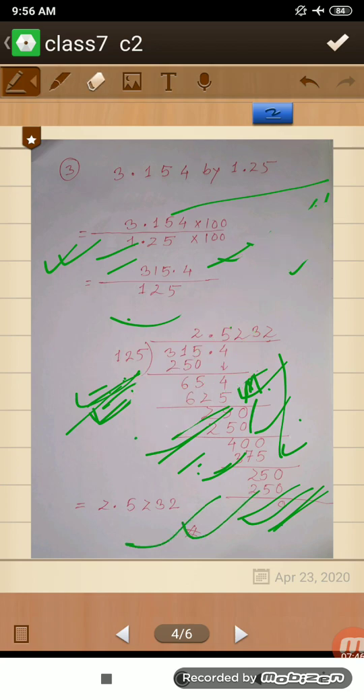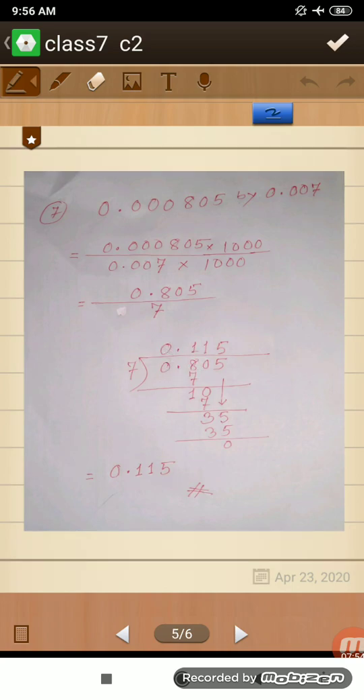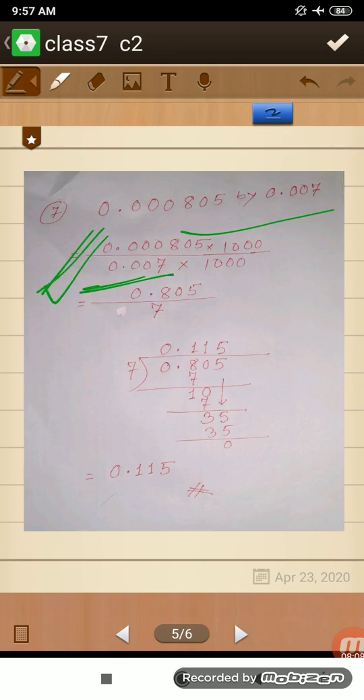You can take a screenshot of the solution of the problem. Now going to the next problem. Now you need to divide 0.00805 by 0.007. How can you divide? Use the steps already told you. This is the denominator, the divisor; make the divisor a whole number.